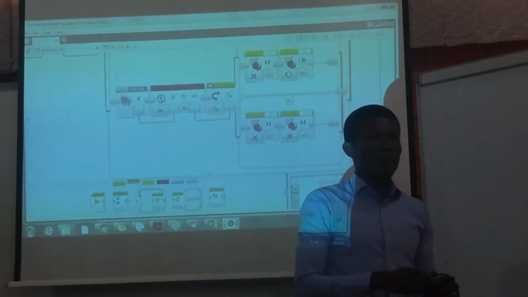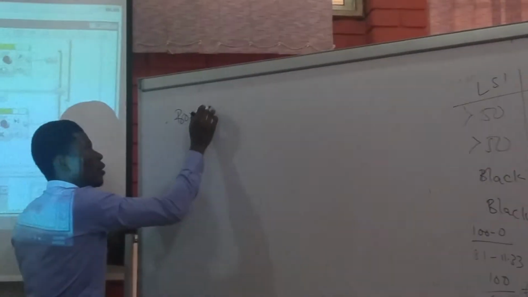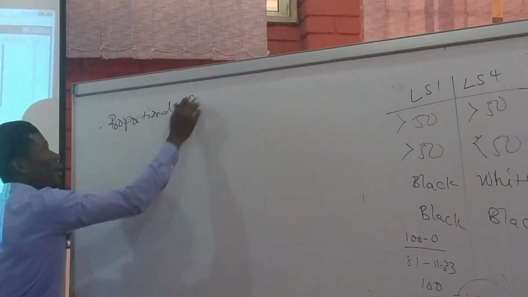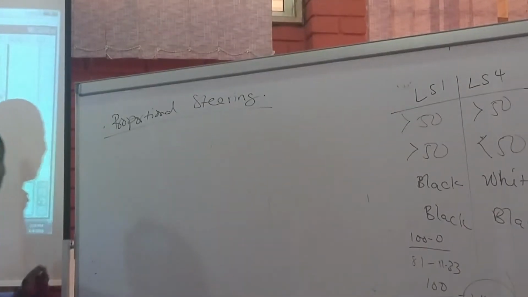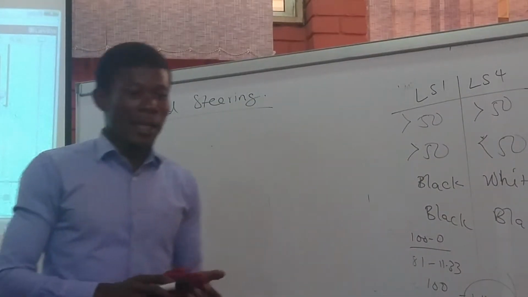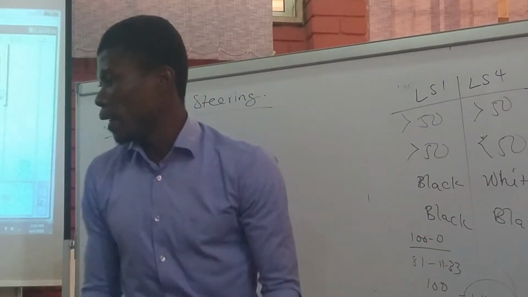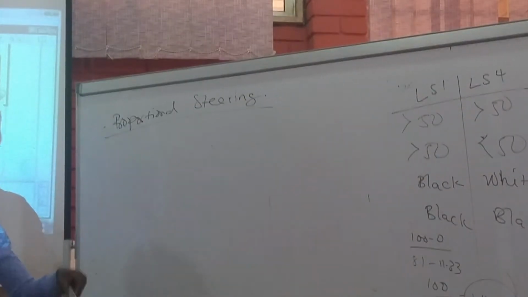Now, we want to look at what we did for proportional steering. Proportional steering with two light sensors. With one light sensor, the idea was to put the sensor or the robot half on the black, half on the white.